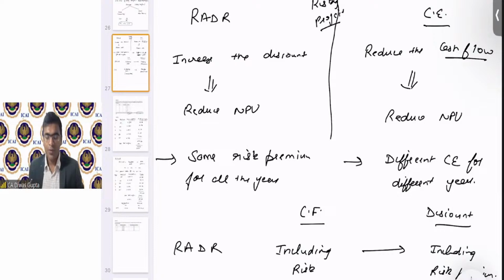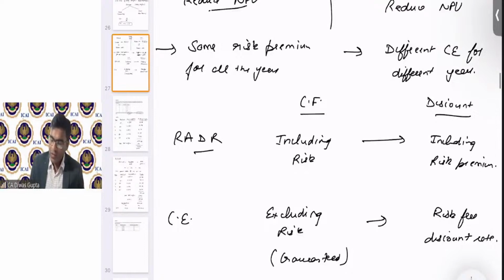Once you increase your discount rate, it will reduce the NPV. In RADR, cash flows are also including risk and the discount rate is also including risk. Correct? Similarly, in the CE coefficient, cash flow should always be excluding risk, which is a guaranteed cash flow, and the discount rate should also be the risk-free discount rate, so that the comparison is clear.